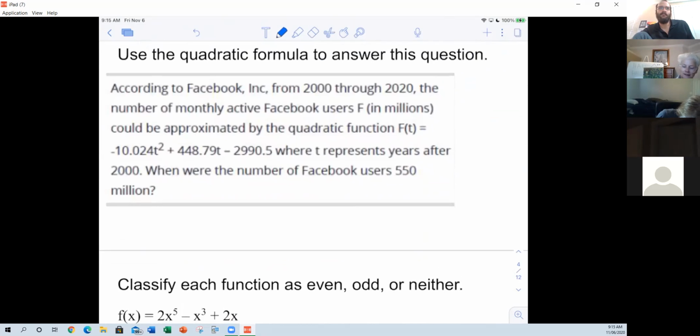So this says, according to Facebook, from 2000 through 2020, the number of monthly active Facebook users in millions could be approximated by the quadratic -10.024t squared plus 448.79t minus 2,990.5, where t represents years after 2000. When were the number of Facebook users 550 million? So what would we have to do first on a problem like this?